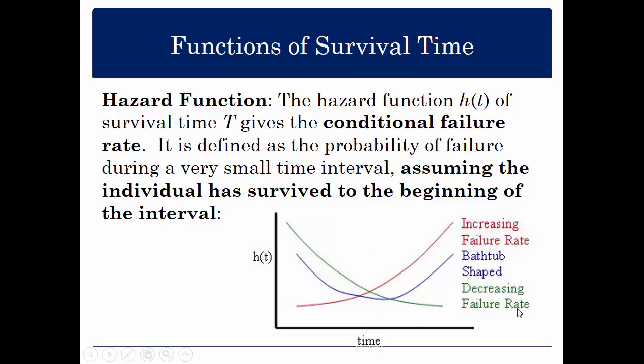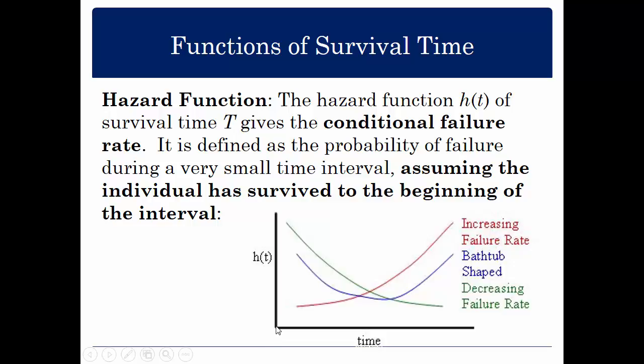So if we take a look graphically at some different ways events could be occurring, I have my study period defined by the x-axis, from the beginning of the study period all the way out to the end. This origin could be the day they were diagnosed with the disease or the day they started treatment. And then the hazard, if it's higher, then the risk of dying at a particular time point is high.